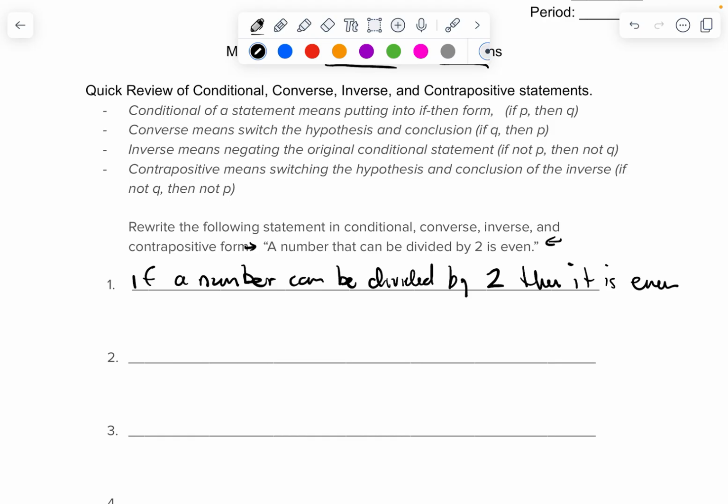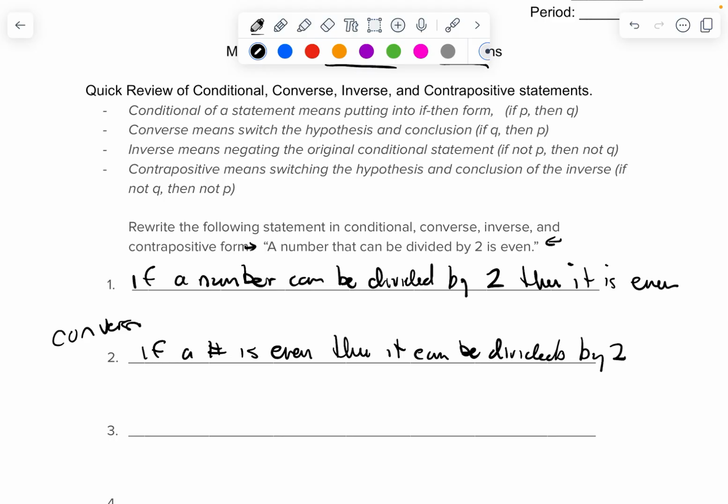Then the converse would be: if a number is even, then it can be divided by 2.